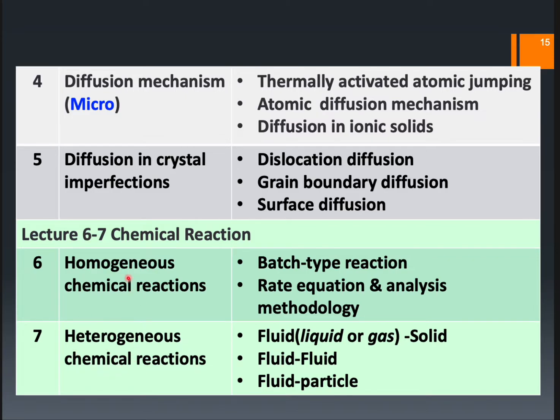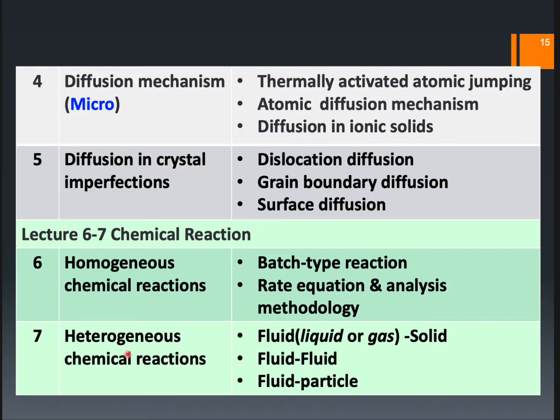The difference between homogeneous and heterogeneous is based on how many phases of reactants or products are involved in these chemical reactions. If it only happens in one phase, then that is a homogeneous chemical reaction. If the number of phases is equal to or larger than 2, then we call that a heterogeneous chemical reaction.